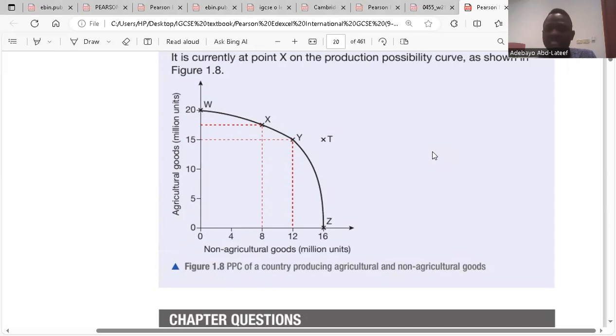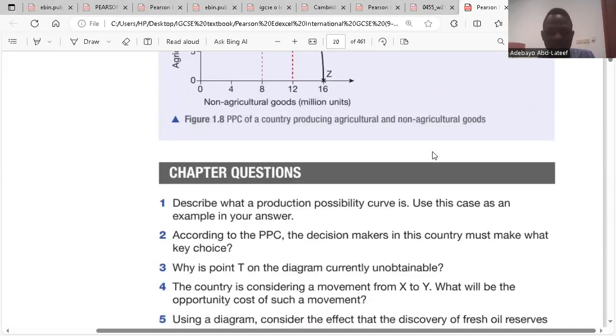So moving from point X, which is, let's say, 17.5 of agricultural goods and 8 units of non-agricultural goods, to start producing 12 units of non-agricultural goods and 15 units of agricultural goods. So that means less agricultural goods for more non-agricultural goods. Do you understand the point there? So that's the point about that.